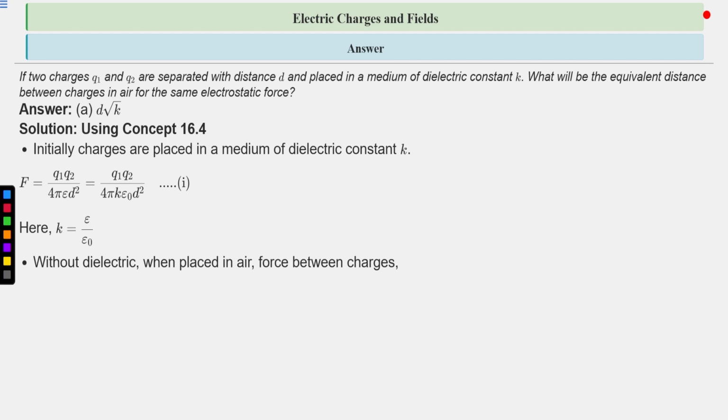Now without dielectric, when placed in air, let's suppose we are finding the force between two charges placed in air, that is F prime equal to 1 by 4 pi epsilon naught Q1 Q2 upon R square. R is the new distance, the equivalent distance, which we have to find. So mark this as equation 2.